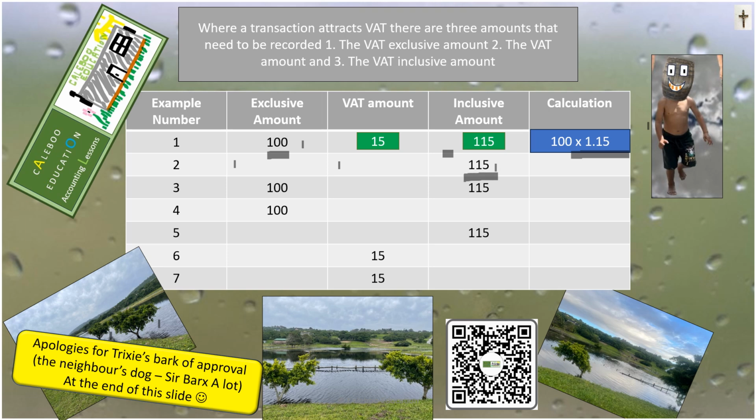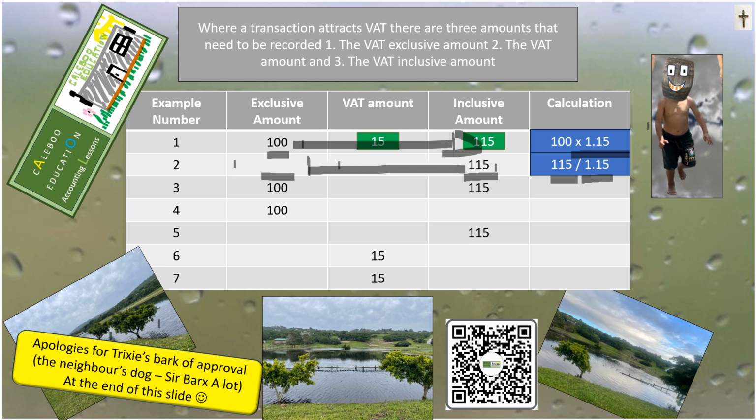If I want to go from the inclusive amount to the exclusive amount, I say the inclusive amount, 115, divide by 1.15. In the first example, I went this way. Now in the second example, I'm going back to the exclusive amount. The first time I multiplied, to get back to the exclusive amount, I divide by 1.15.